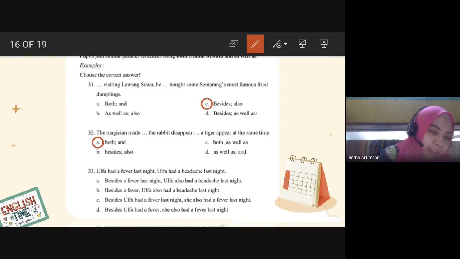The first difference is a fever. The second difference is a headache. So when you use besides, what do you put after besides? You put the first difference. So you say, besides a fever, Ulfa also had a headache.